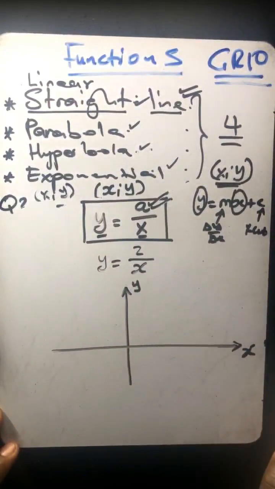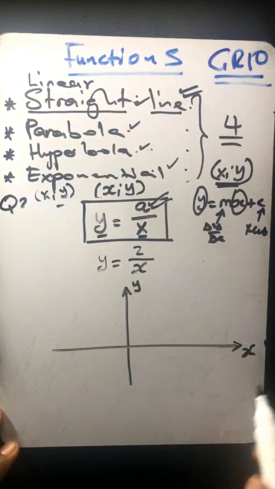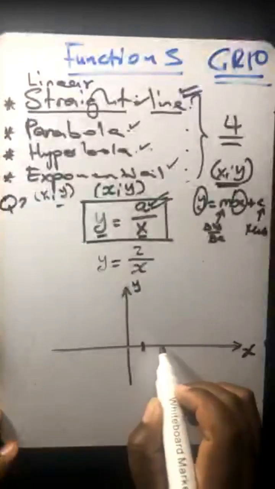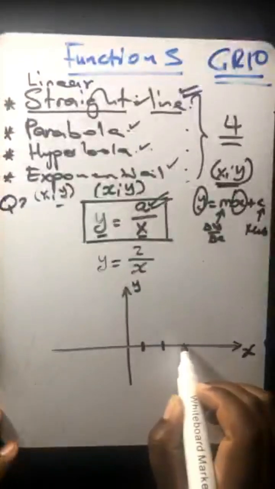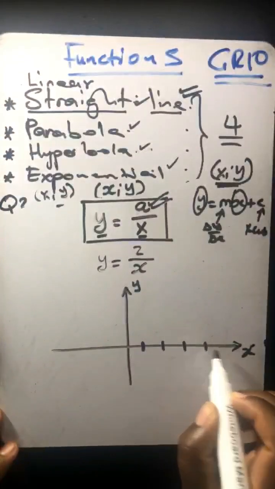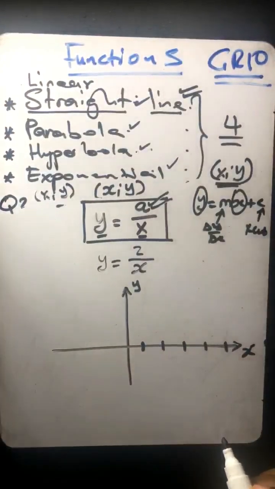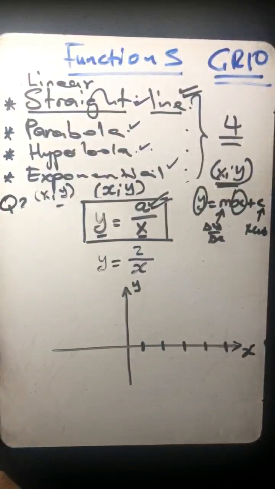So how you plot it, you can say where x is 1, what is going to be the y value? Where x is 2, where x is 3, where x is 4, where x is 5. So that means you need to take out your calculator and say 2 over.